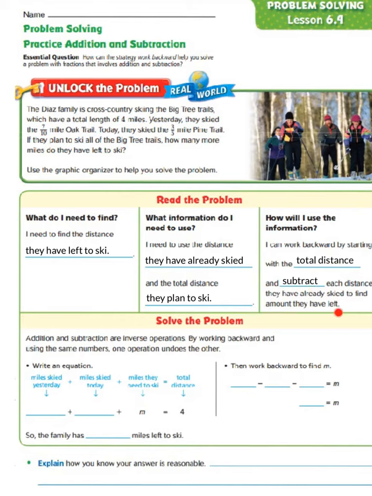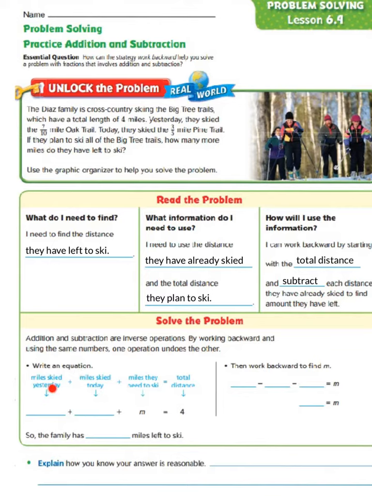the amount they have left. Now, to solve the problem, addition and subtraction are inverse operations. By working backward and using the same numbers, one operation undoes the other. So write an equation.